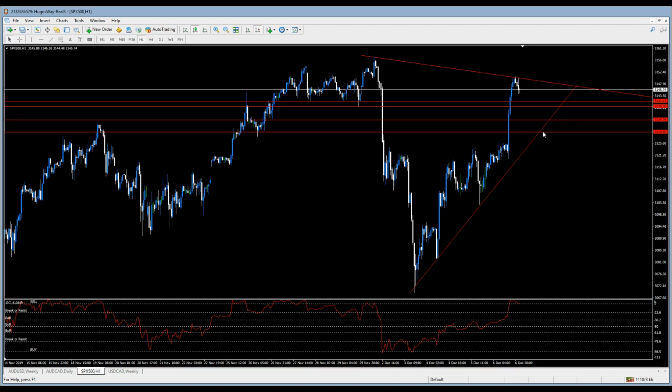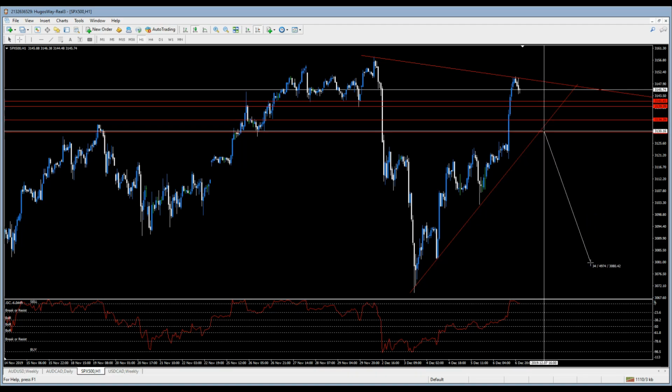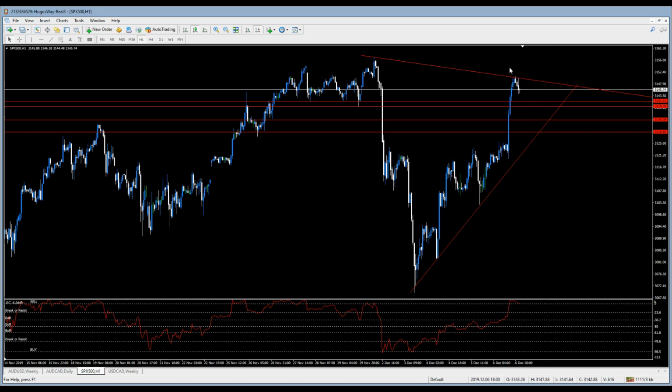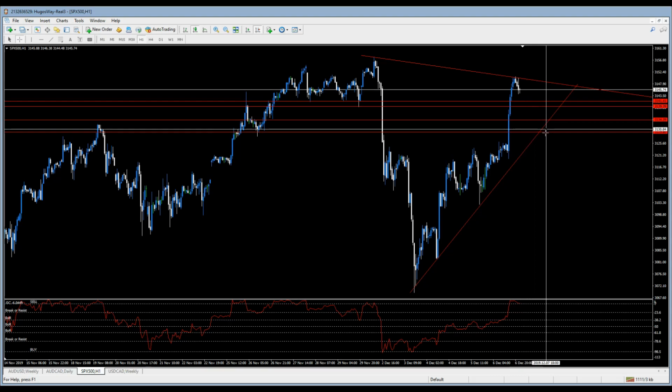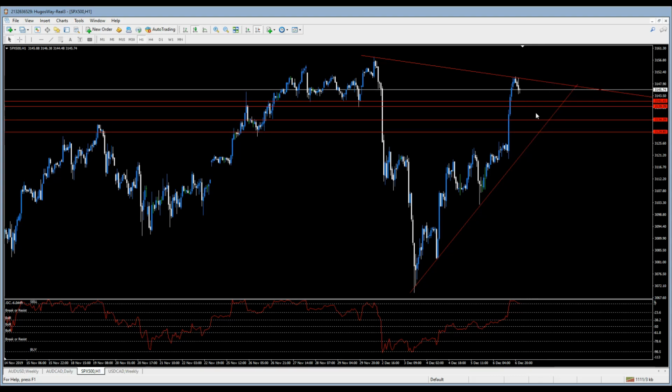We would get a retest and then we will shoot it more down. But it still has some things to complete, right? It has structure that actually needs to be completed. So I actually wanted to see this hit this trend line, and then we'll take it right back up. Okay, that's what I see for SPX500.